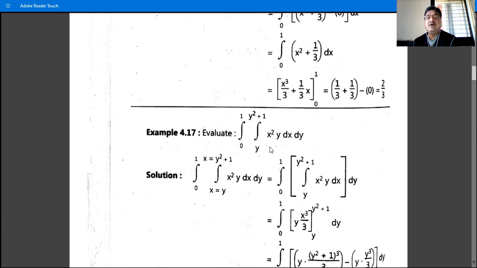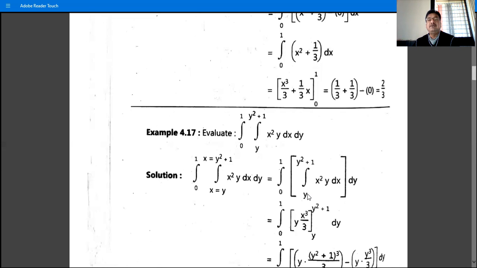Now the order: the limit of x is in terms of a variable, so integrate with respect to x first. We cannot integrate this example with respect to y first, because the limit of x is in terms of a variable.